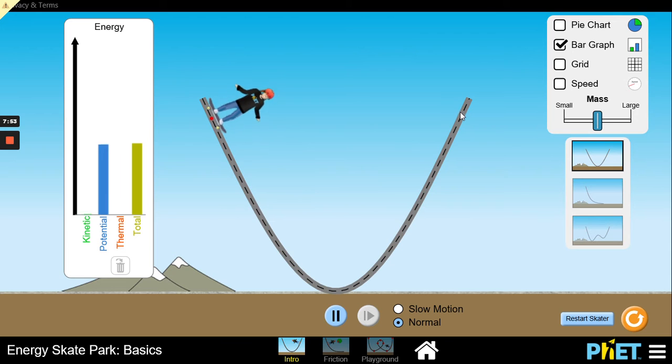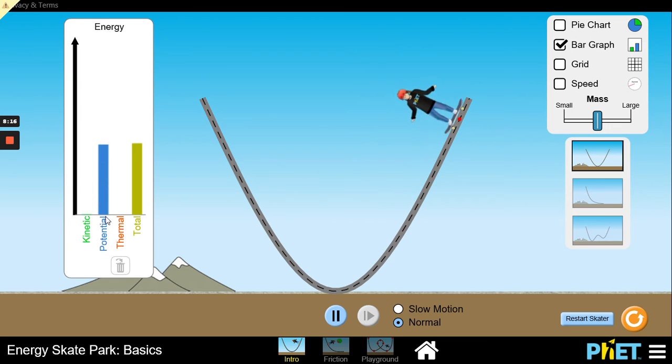If any energy would be lost, he would eventually go slower and slower and slower, and actually he would stop at some point. But because no energy is being lost whatsoever, he will always climb to the same height. So to the same height and to the same height.